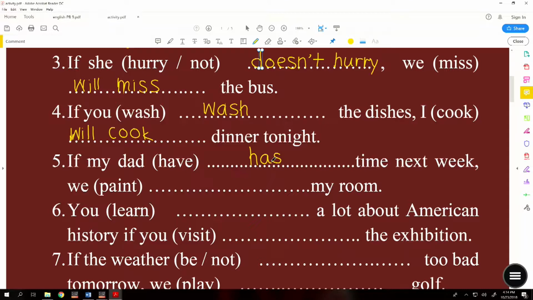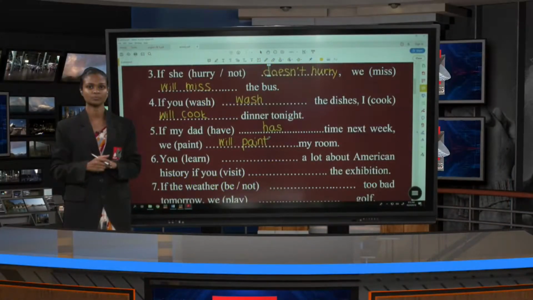the main clause should be constructed using simple future. We will paint my room. Right.